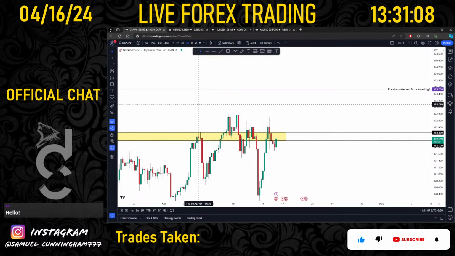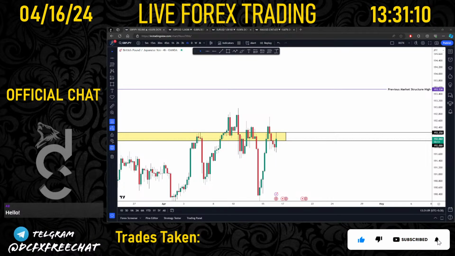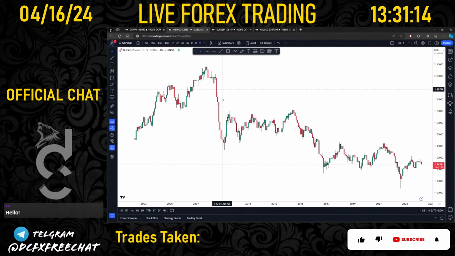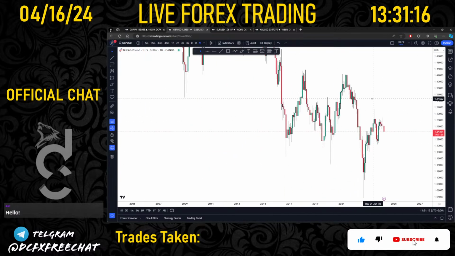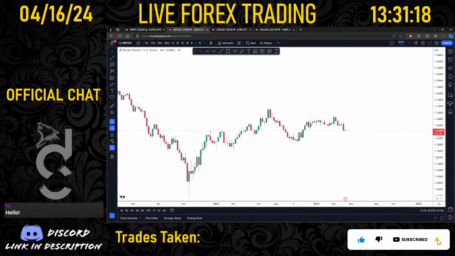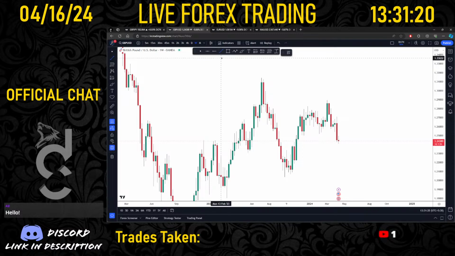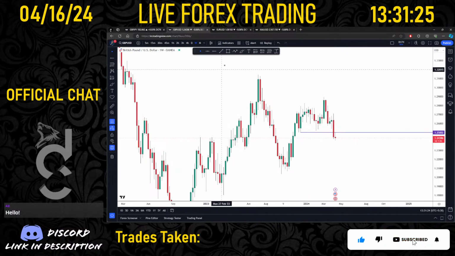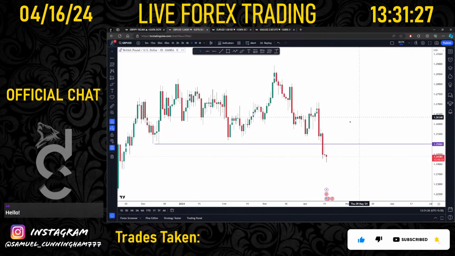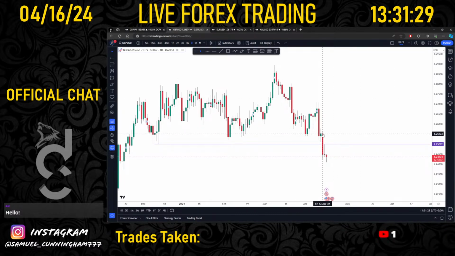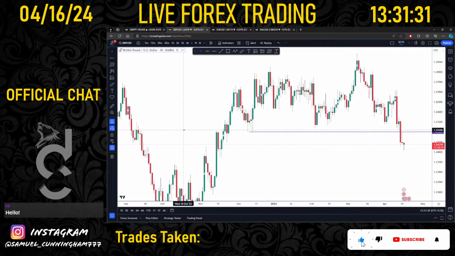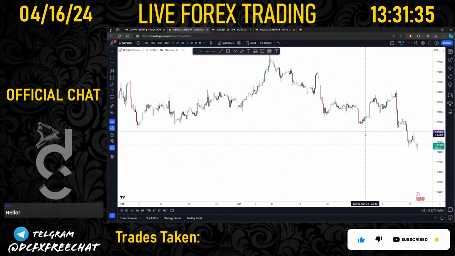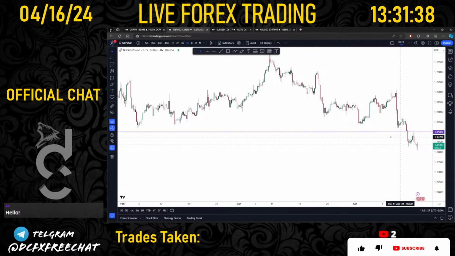Alrighty. Let's move forward. Looking at GU. Weekly time frame, we've taken out the previous market structure lows right over here. So going to the daily time frame, this is the previous resistance over here. Interesting, which is kinda in the same region. 4-hour time frame, we created a resistance down here.